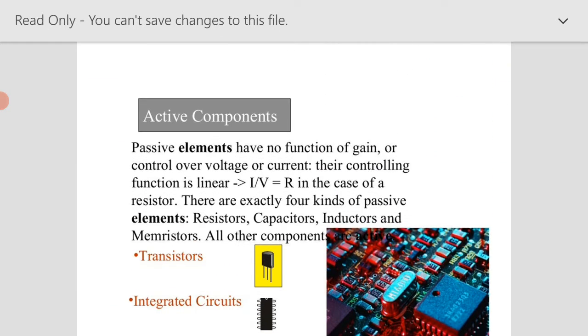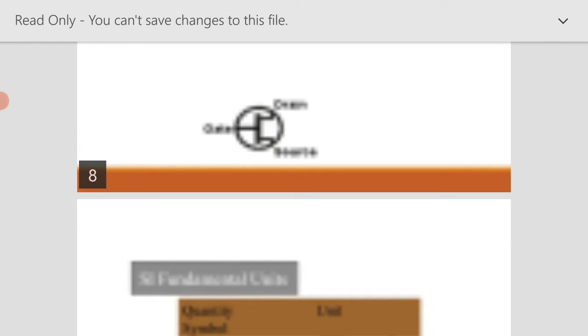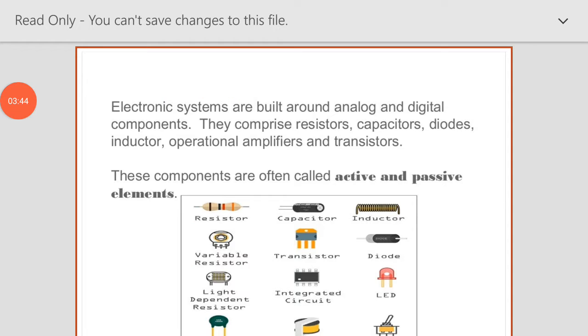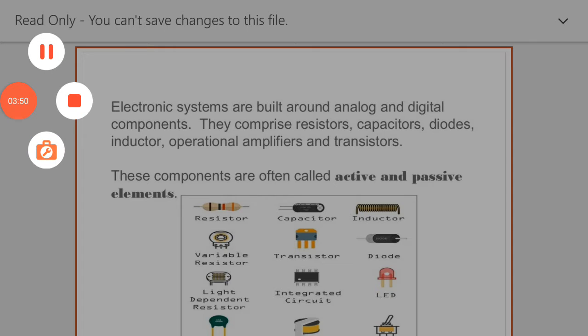The next point is active elements. Electronic systems are built around analog and digital components. They comprise resistor, capacitor, inductor, diode, operational amplifier and transistor.